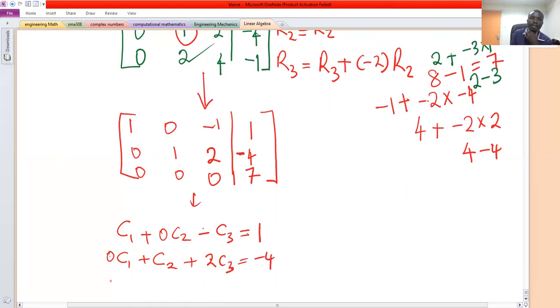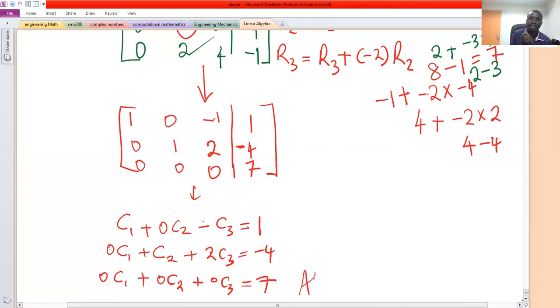And here I have 0C1 plus 0C2 plus 0C3 equals 7. You see, it's not possible. This is absurd. You can't say 0 is the same as 7, but that's the implication of this last equation.